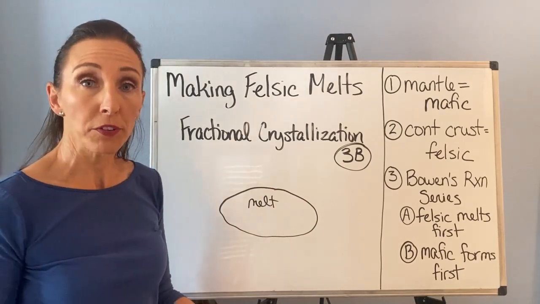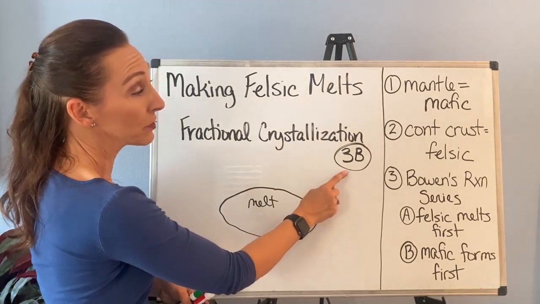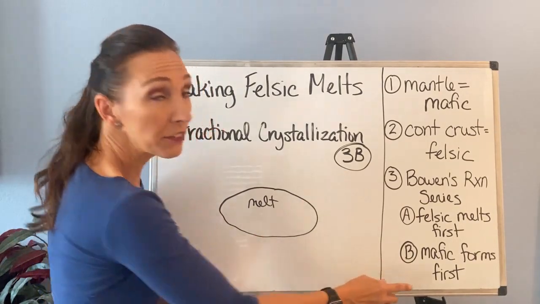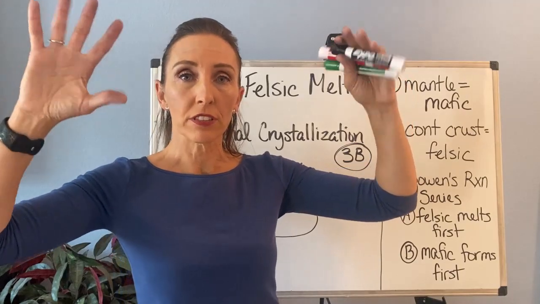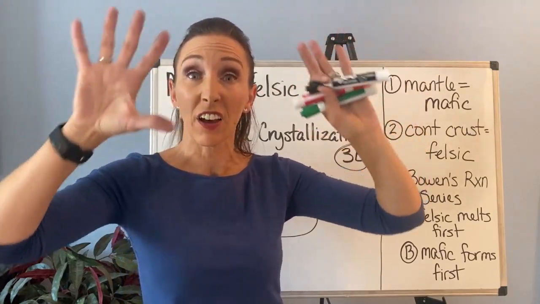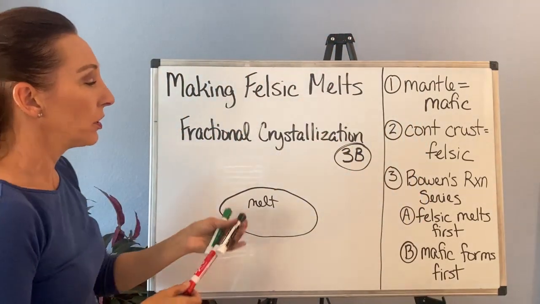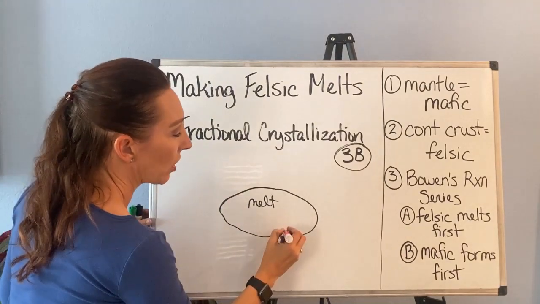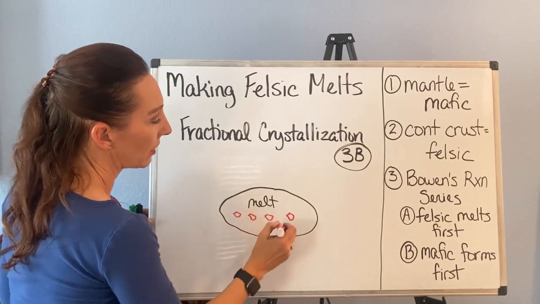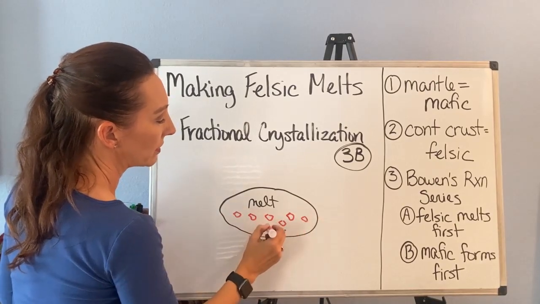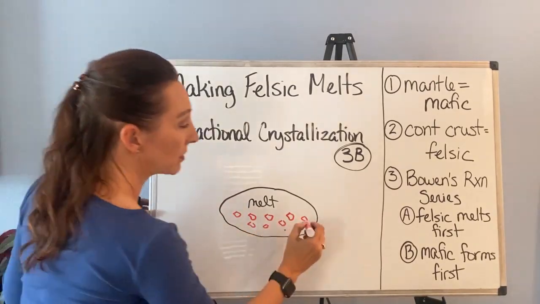If we think about Bowen's reaction series, 3B is what we're calling on here, that mafic crystals are going to form first. As we move down Bowen's reaction series, we're going to form our mafic stuff first. We would be forming things like olivine and pyroxene and calcium plagioclase, stuff like that. So these are all of our mafics.